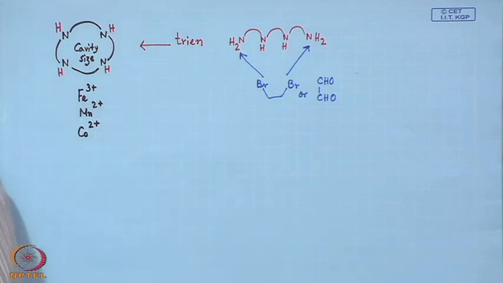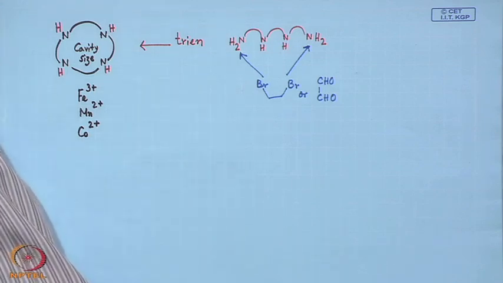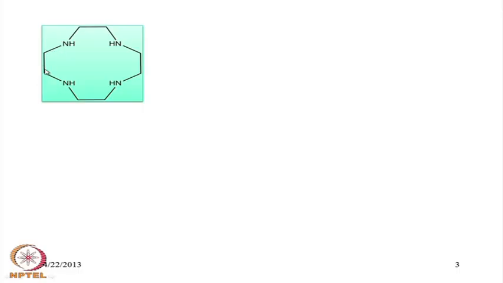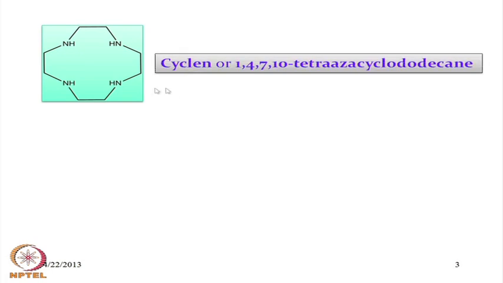So, if we have only the ethylene backbone, so all the 4 nitrogen atoms are connected by 4 ethylene bridges, then we get one particular type of ligand which is known as cyclen, which is nothing but 1,4,7,10-tetraazacyclododecane, which is like that of tacn, triazacyclononane, but cyclododecane. It has 8 plus 4, 12 atoms in the backbone.